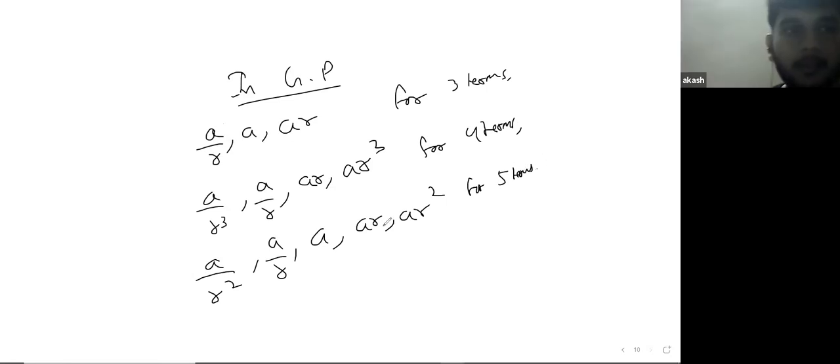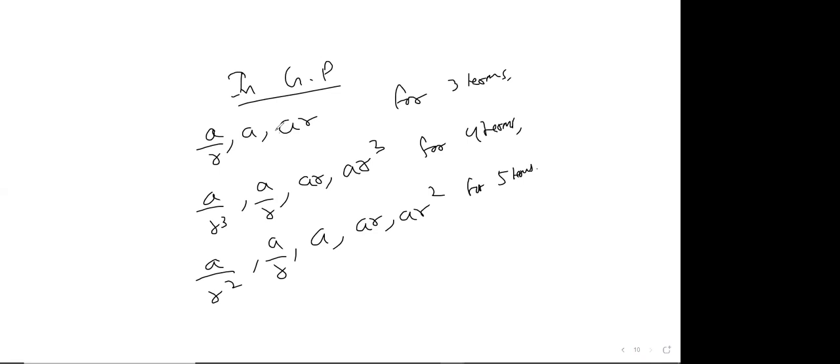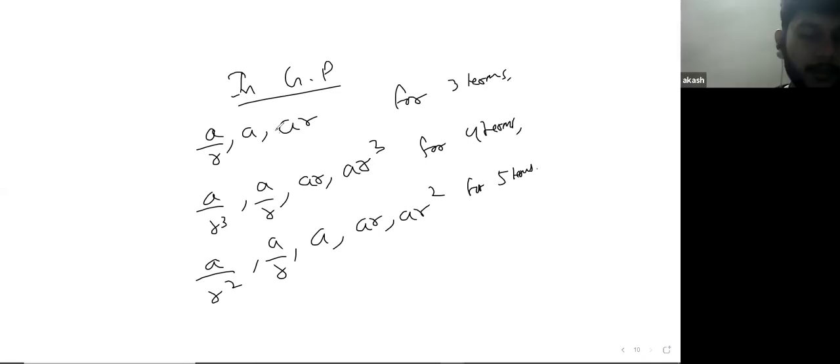This is the same assumptions. If in any question they ask 3 terms in a GP, then assume that the numbers be A upon R, A, AR. Clear? Yes, sir. Okay, please write this down and we'll do few questions.